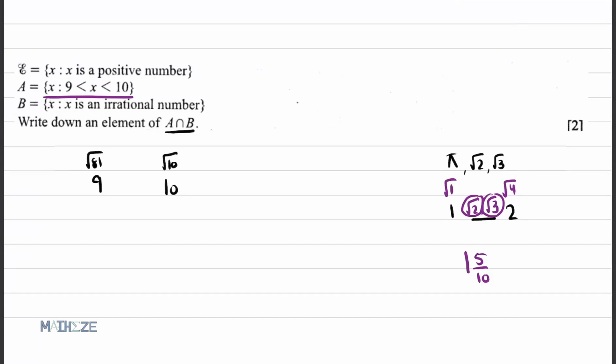Under root 100 is 10. So in the middle, it can be any number between under root 82 till under root 99. That's going to be under root 83. Or you can write under root 85, or you can write under root 87. It's your call. Do you get till this point? Now let's move to the third question.